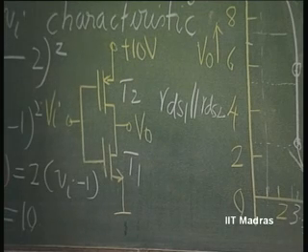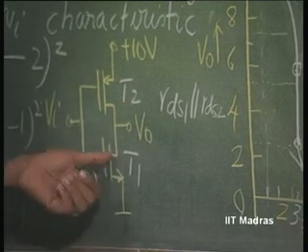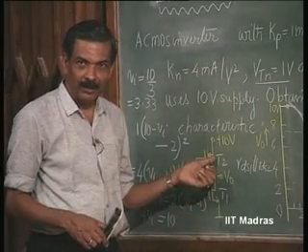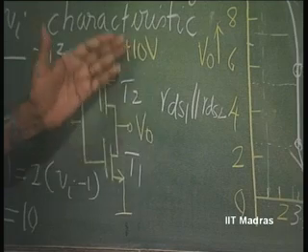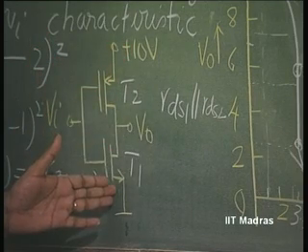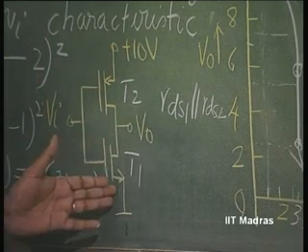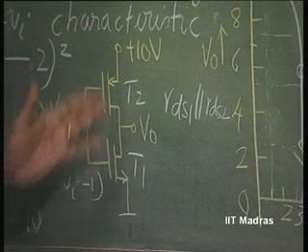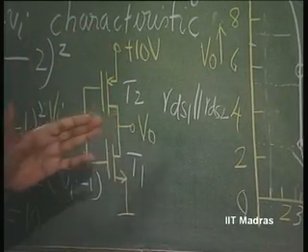And what is the effective current? 2 Gm times Vi: one Gm times Vi due to this, another Gm times Vi due to this, assuming that both the transistors are operating at the same current, that is true. Gm1 and Gm2 may be different because the Ks are different.